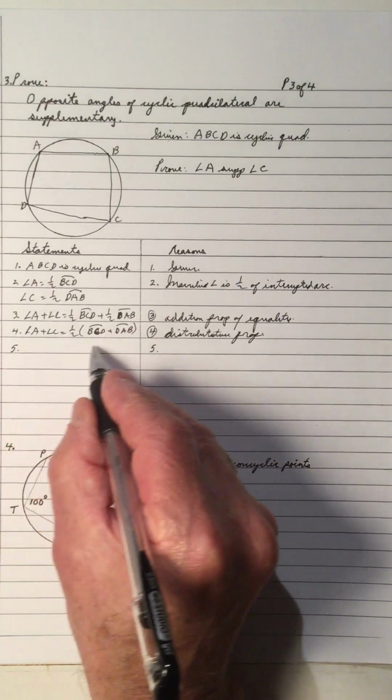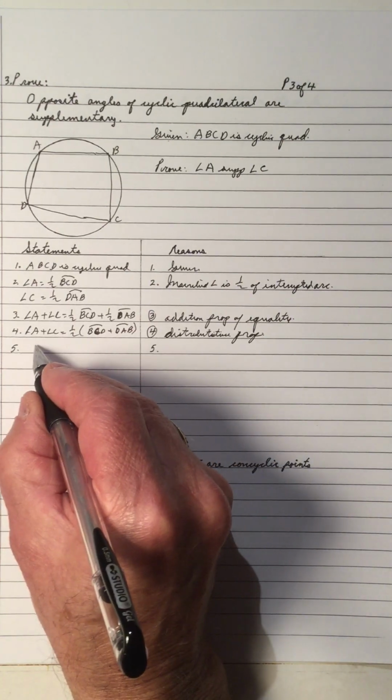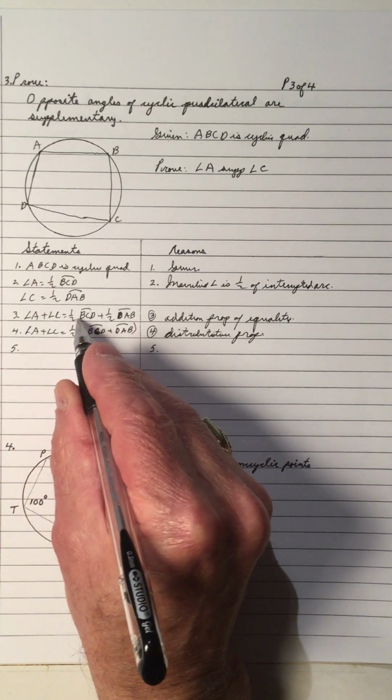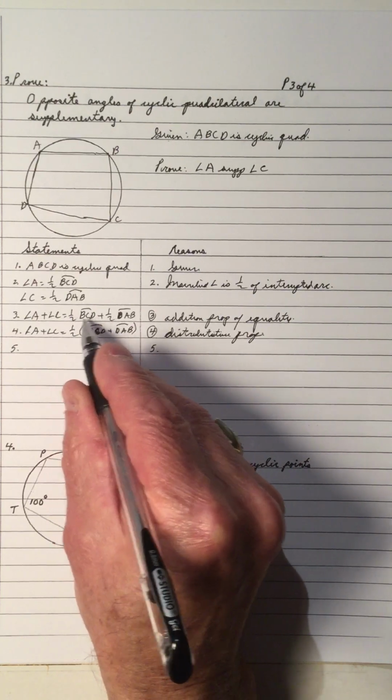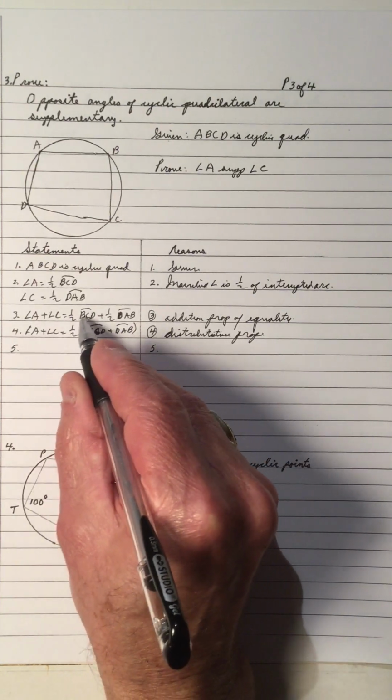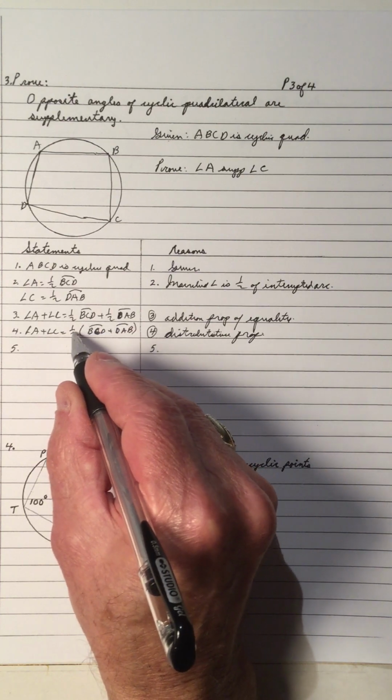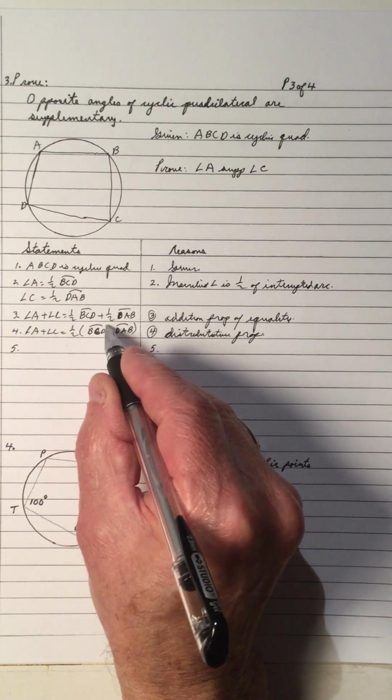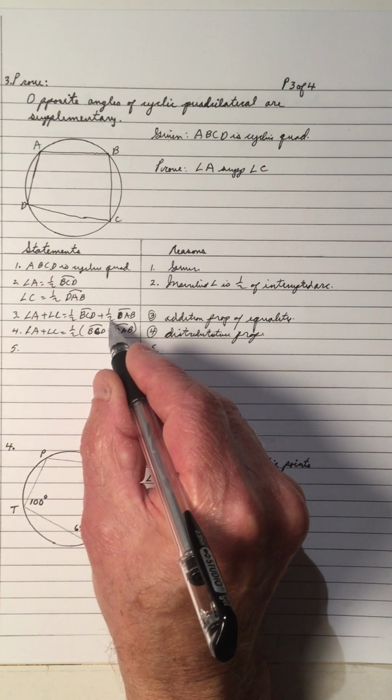Distributive. Notice I did the distributive property. I could say I factored the half out, or the opposite of the distributive property, where the half is distributed into here.